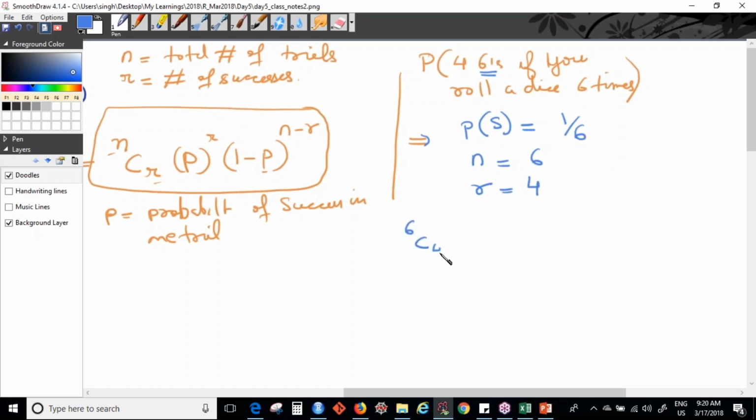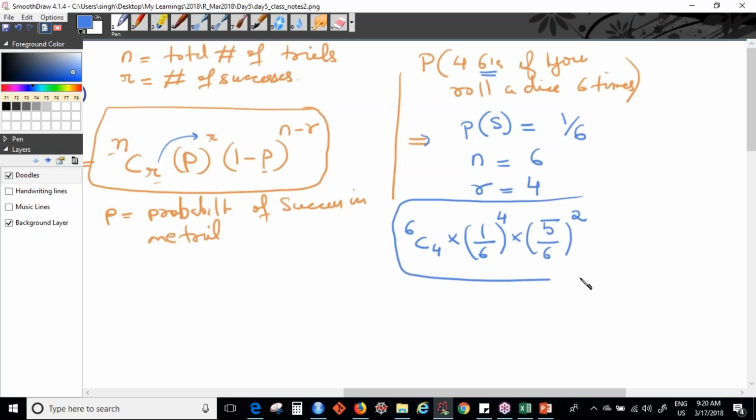So 6C4 into 1 by 6 to the power 4. This 4, the r, goes here, into 5 by 6 to the power 2. This is your answer. The answer which you gave at the beginning was not so simple.